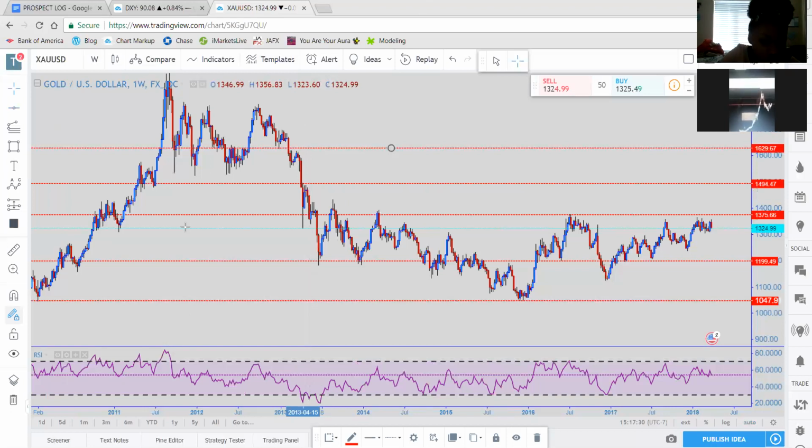Are you on the weekly? Yeah, I'm on the weekly, but are you sure it's gold versus the US dollar? Stretch it out some too. I don't even know how to stretch it out. Yeah, but it's on the gold US dollar. It says weekly. So remember what I told you about on the side here where the numbers are?